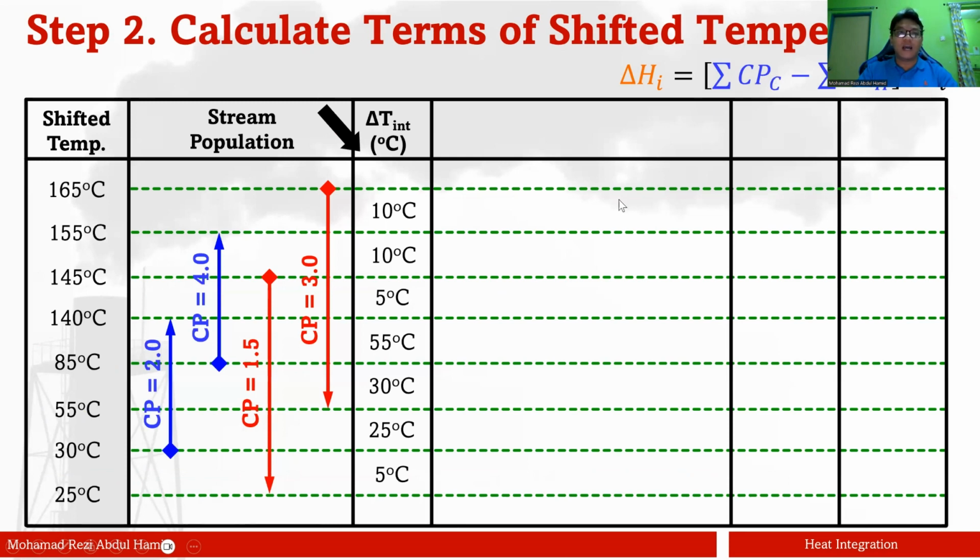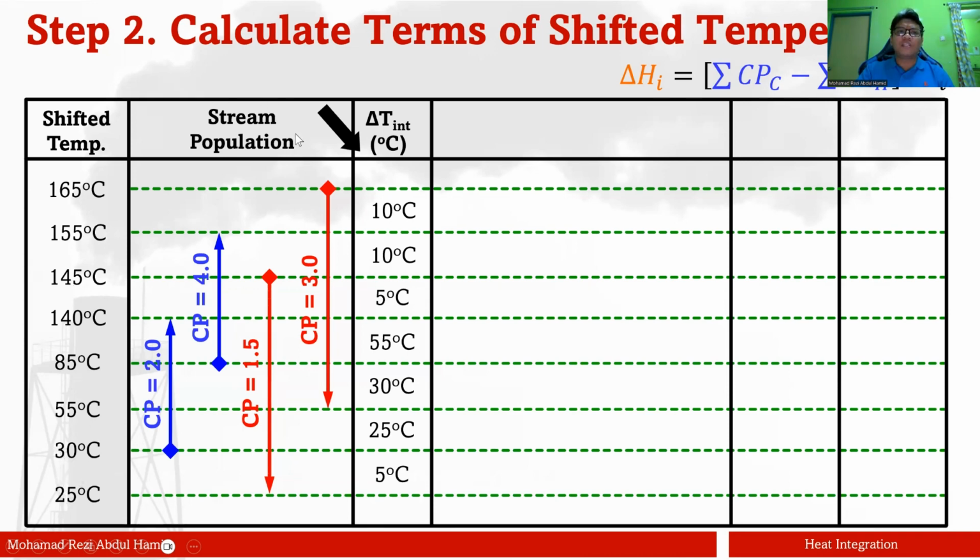But first, the first column here is the shifted temperature of all of the streams. So when you see the T1s and T2s, whatever numbers, just populate the table using the shifted temperatures, and then arrange them according to the decreasing temperature value, so from higher temperature to lower temperature.